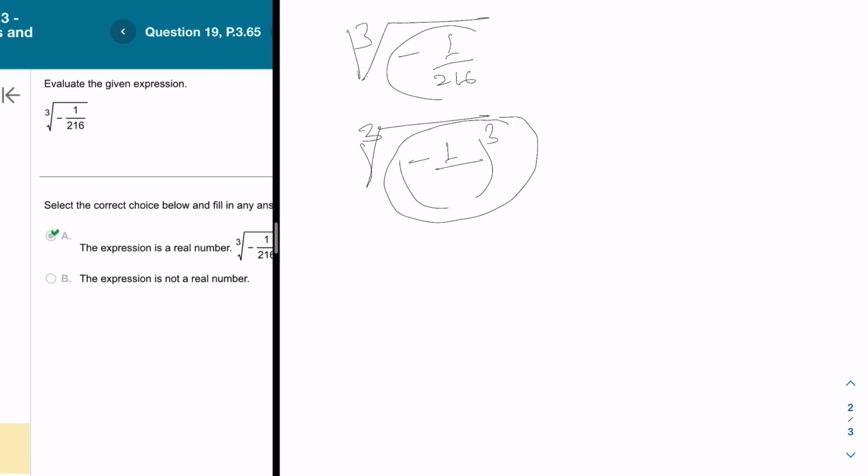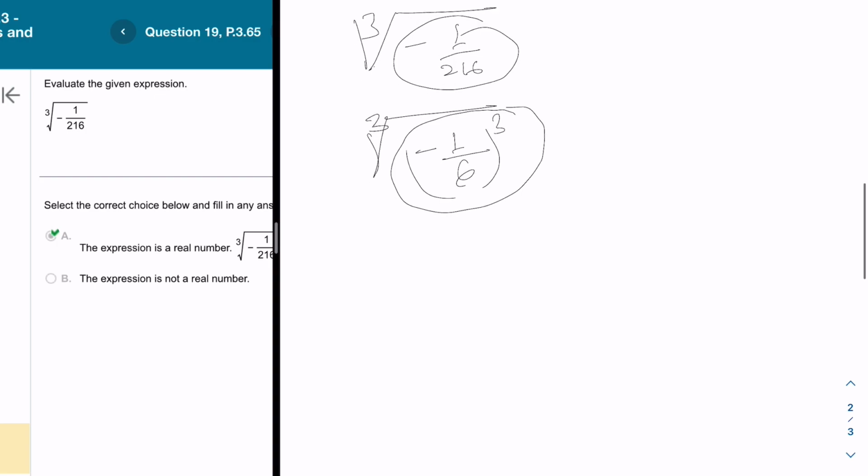You can use your calculator, like cube root. What's the cube root of 216? It's 6. Yeah. So now the cube and cube root will terminate, and the answer will be -1/6.